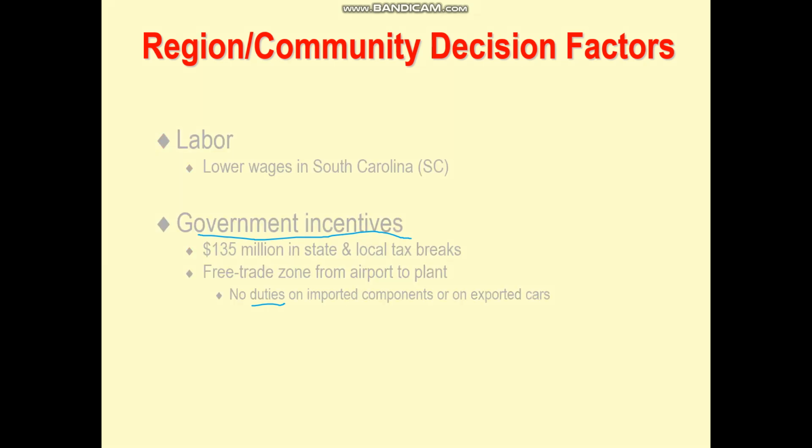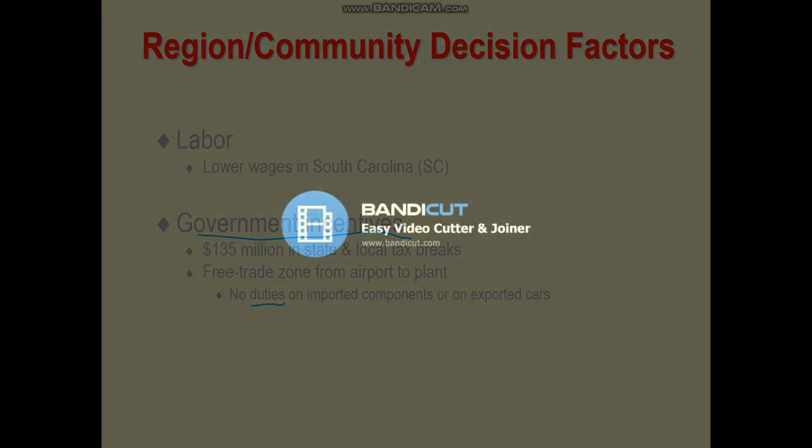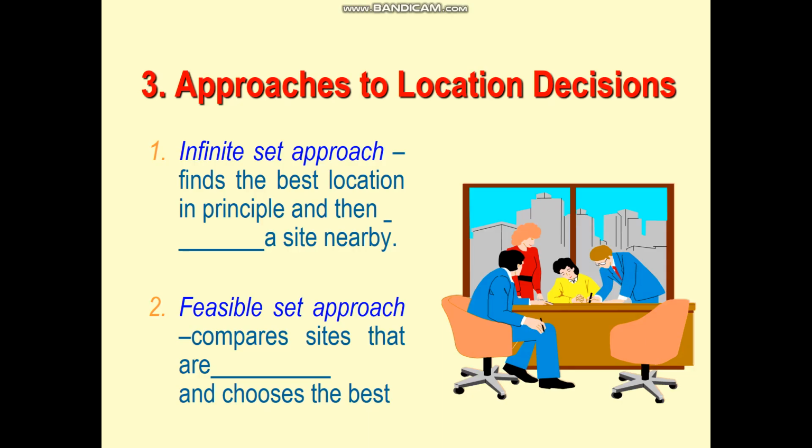Okay. After we choose the regions, the next step is we choose the countries and areas, like the most specific areas and most specific location. That's why in part 3 we will learn about some approaches to make the location decisions.